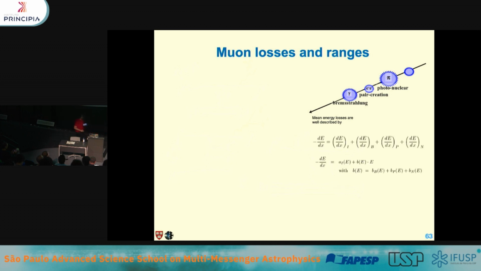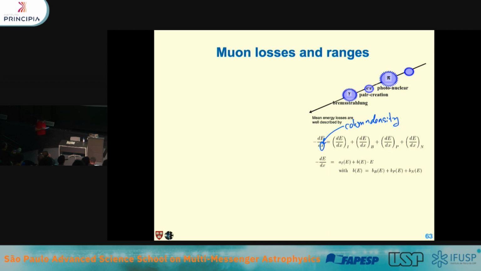So the energy losses, how much energy is lost per unit of column density, where X is column density, is going to be given by this relationship, where there are 4 types: the 3 dominant types that I talked about earlier, and then this first one, which is ionization.